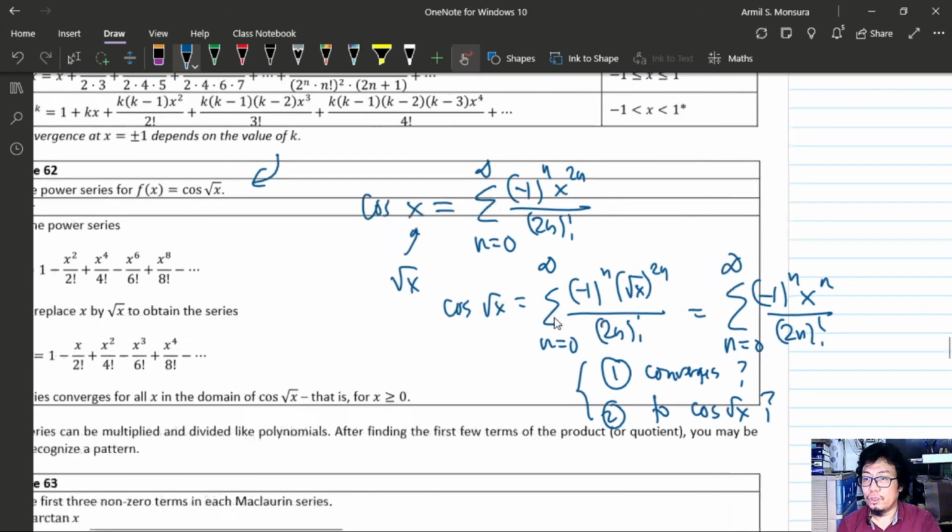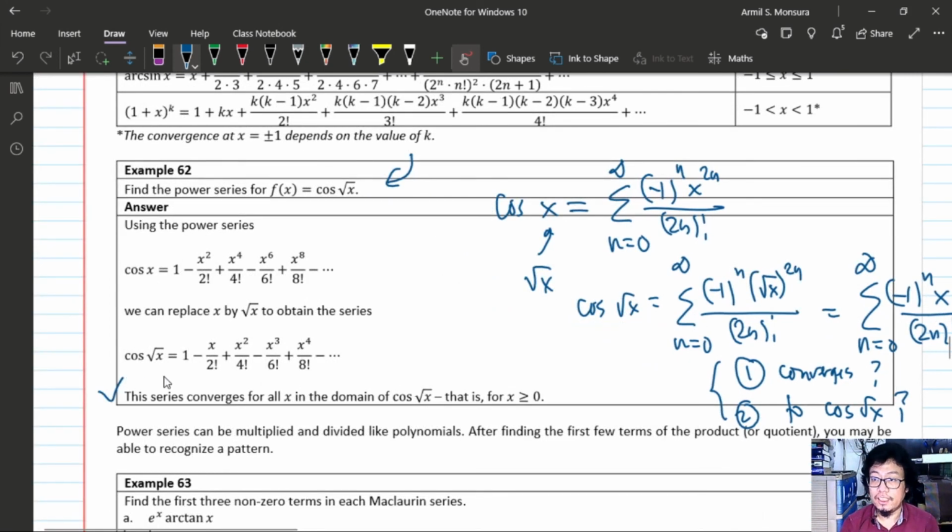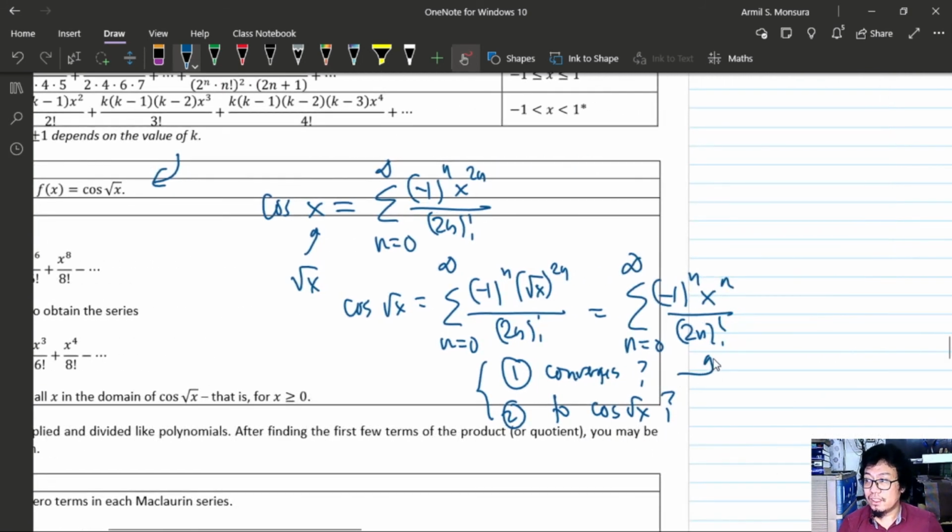We just stated it here without proof, but for your quizzes and assessments, you have to prove that assertion, that they are convergent and actually converge to cosine of square root of x. This is a power series, so to prove that it converges, you test it using the ratio test. And to prove that it converges to cosine of square root of x, you have to prove that your Rn approaches 0.